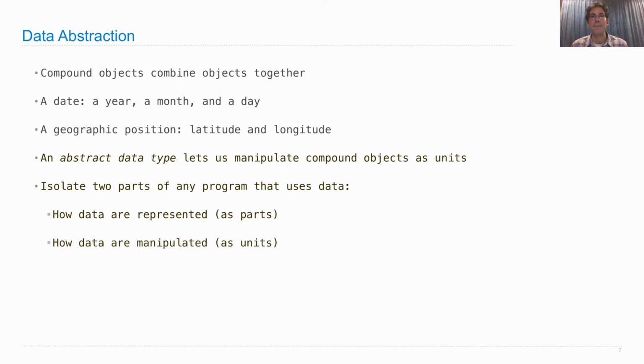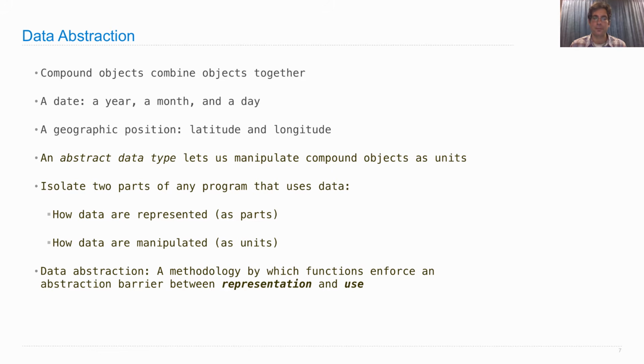By doing this, we separate the concerns within our program among two different areas, and we can change one without affecting the other. So data abstraction is a methodology by which functions enforce an abstraction barrier between representation of data and the use of that data.